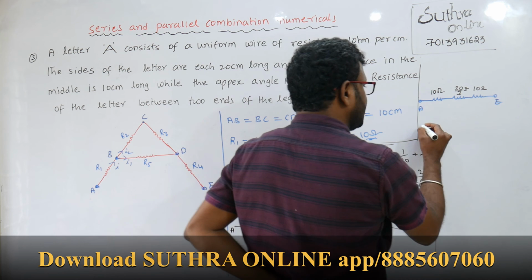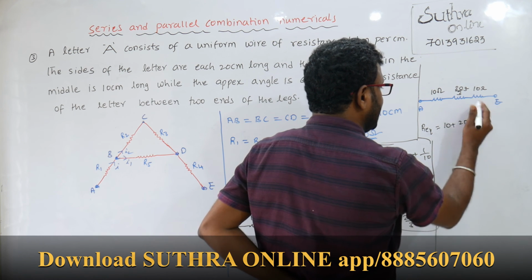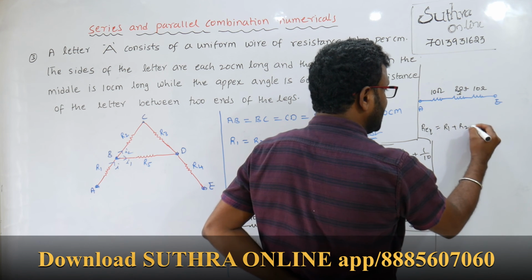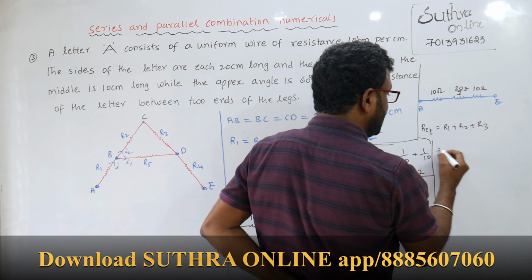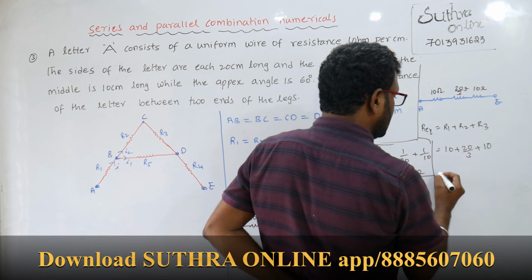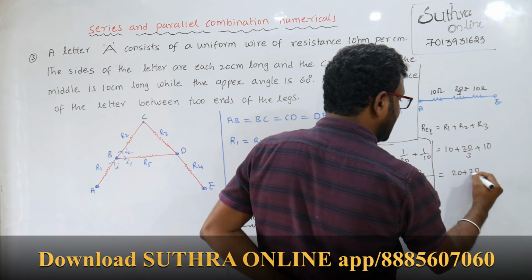For series connection, the effective resistance formula is R1 plus R2 plus R3. So that is 10 plus 20 by 3 plus 10, which finally gives 20 plus 20 by 3.